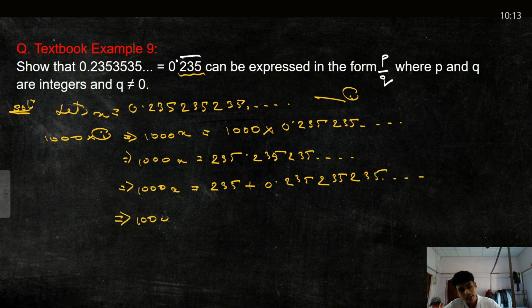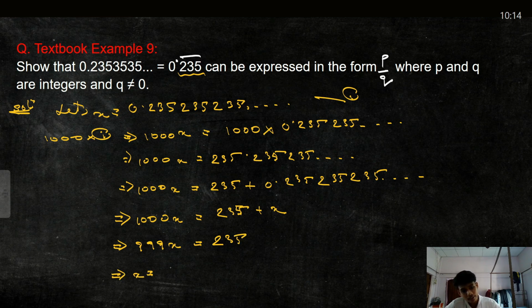That implies 1000x will be equal to 235 plus x. That implies 1000x minus x, that is 999x, will be equal to 235.